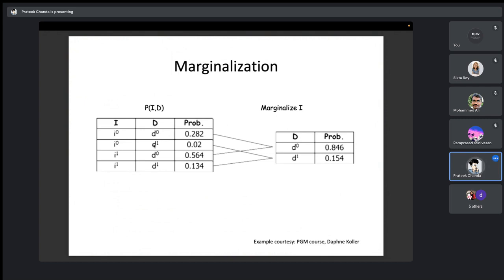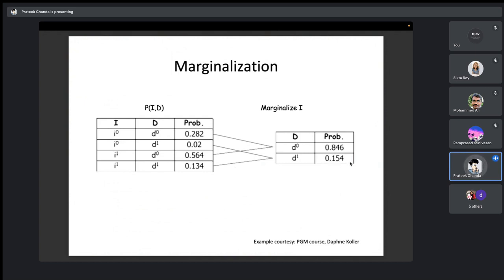So if you see here, what I did is as follows. For D0, I have the first row and the third row, and I sum them up: 0.564 plus 0.282, I get 0.8846. And for D1, I sum 0.02 and 0.134, and I get 0.154.